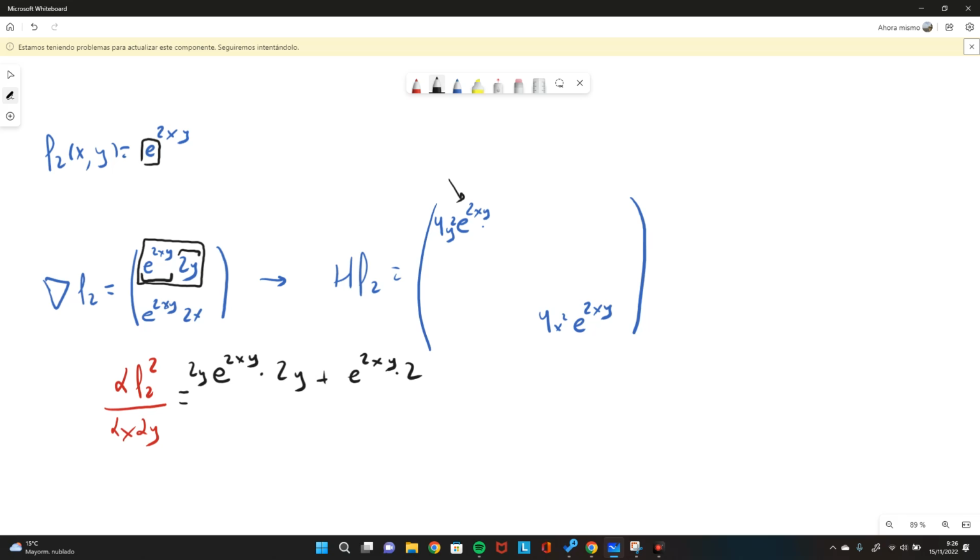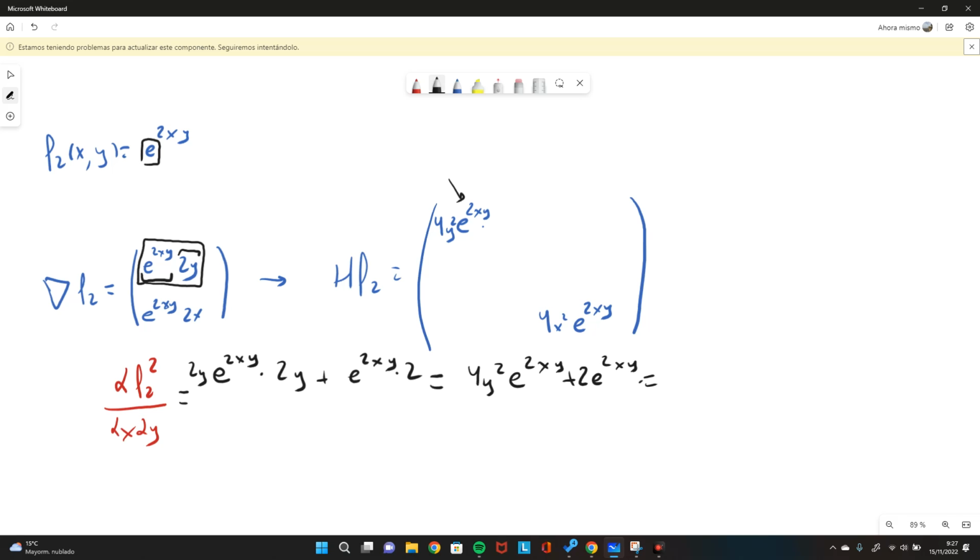So this is 2. And so what we have here, actually taking out the common factor, is, I'm going to write it again, so this is 4y squared times e to the power of 2xy plus e to the power of 2xy times 2, right?